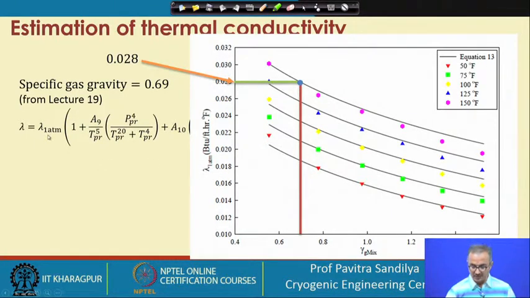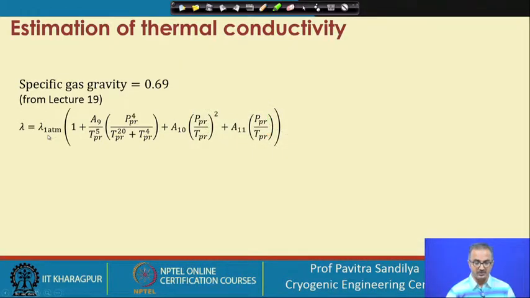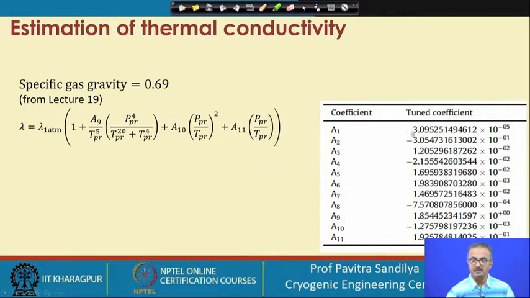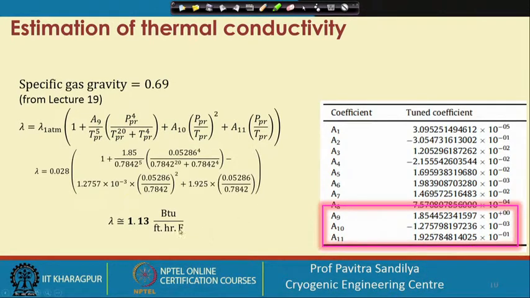So, we put in these values in this particular expression, and then we have been given this particular chart, and in this chart we get the value of the A9, A10, A11, and these we plug in to get the value of the thermal conductivity as 1.13 BTU per feet per hour per Fahrenheit. This is as per the correlation.